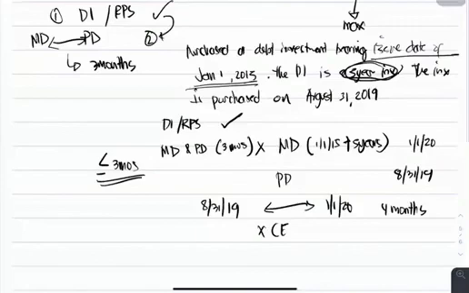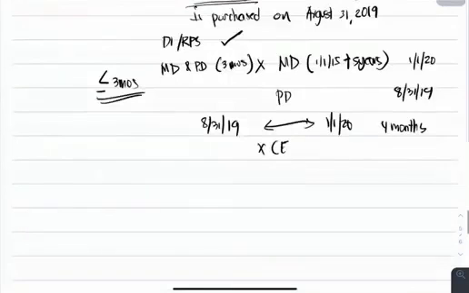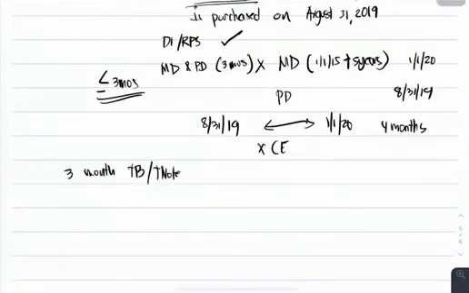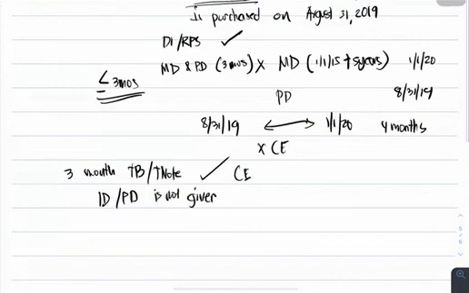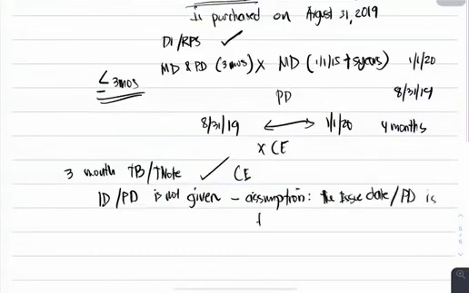Guys, by the way, if ever you will see problems like this, it is only stated as a 3-month treasury bill, 3-month treasury note. These items are considered as cash equivalent. If ever the issue date or the purchase date is not given, so you cannot really compute for the purchase date, the assumption here is that the issue date or purchase date is the first day of the security.